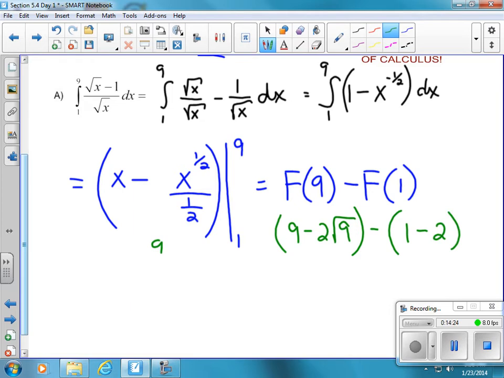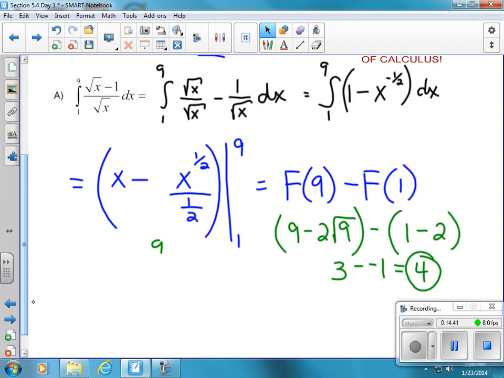If we do that, this is 2 times 3, which is 6. So we have 3 minus a negative 1, and that equals 4. All right, and remember, you can check these on your calculator by using Math 9. Is that correct? I hope so. Math 9 or Math 8. 8 is derivative, 9 is integral, I believe.